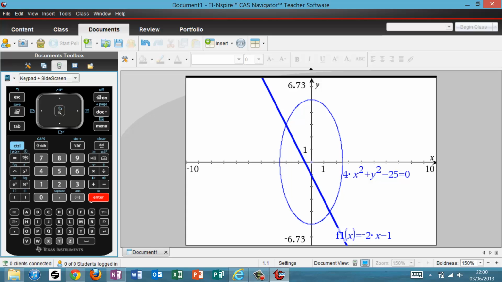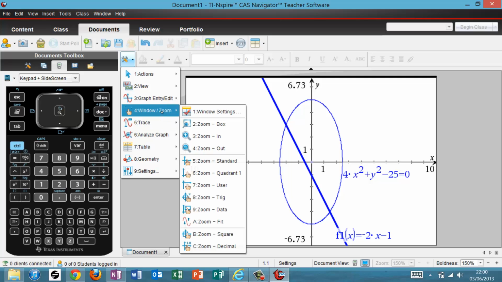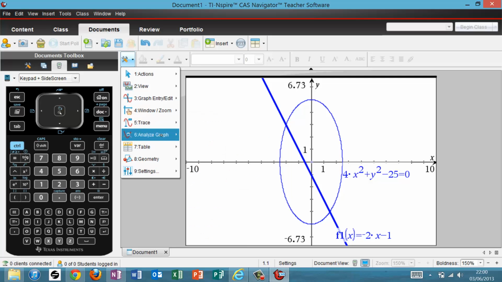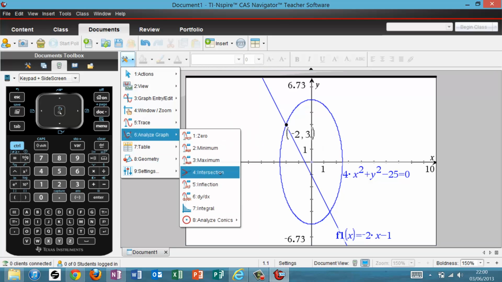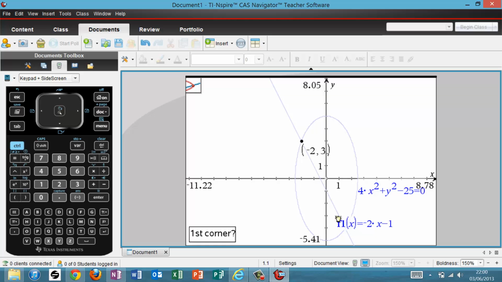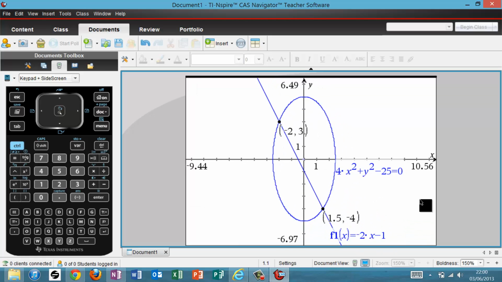So I haven't tried analyzing the graph to see if I can find an intersection point of these two. Whoa, I can. That is cool. Negative 2, 3. It actually wants a box drawn. Pick a corner here and a corner down here. And 1.5 comma negative 4. So that confirms it. I have two ordered pairs that match my answer.